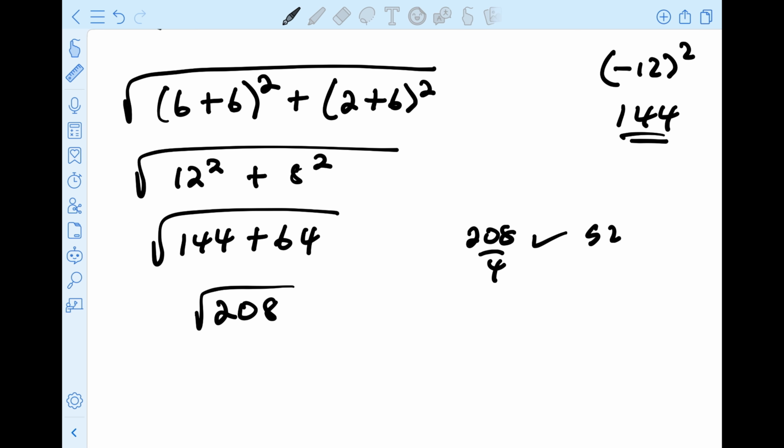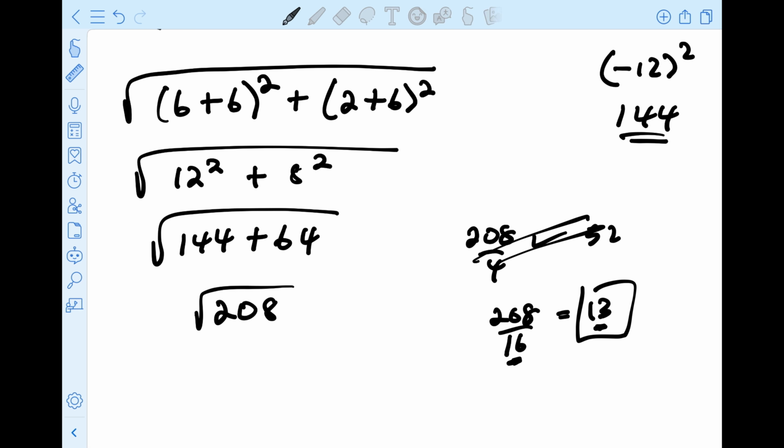But let's keep going. 208 divided by 9 doesn't work. 208 divided by, what's the next one? 16. That also works. So 208 divided by 16 is equal to 13, right? So the one with the 4, there's a bigger one, which is 16 and 13. And I know if I get 13, it's a prime number. This is probably going to be the radical that I'm going to use.